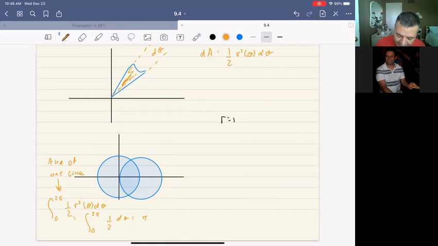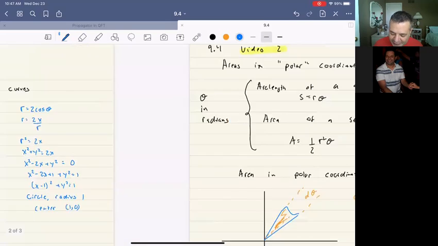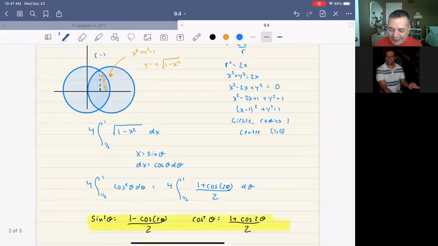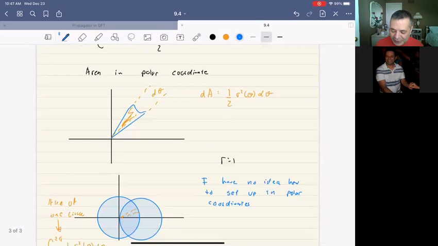So I want to think about it as the area from here to here. That's actually a much harder integral. I have no idea how to set that up in polar coordinates. Now maybe I could come up with it, but I'm hamstrung by the fact that I know how to solve it in Cartesian coordinates. That's always sort of a danger in doing things different ways.